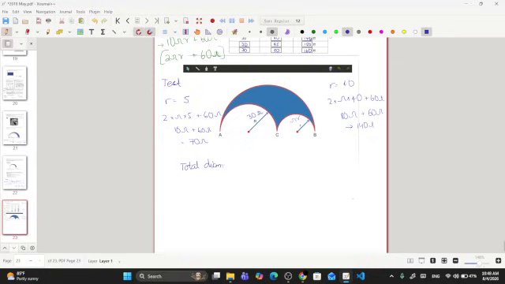Total diameter equals diameter AC plus diameter CB. These are the two diameters that we need to find.